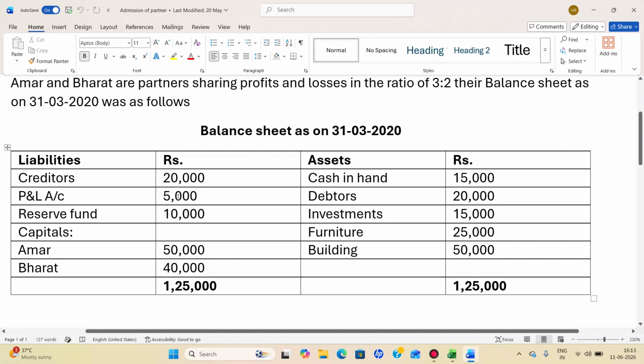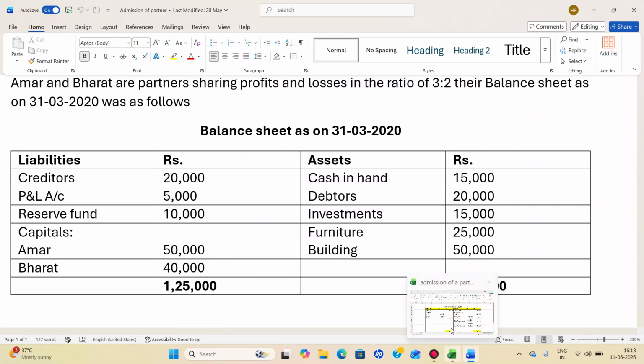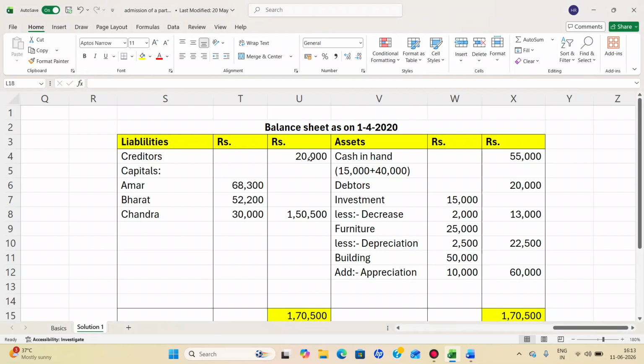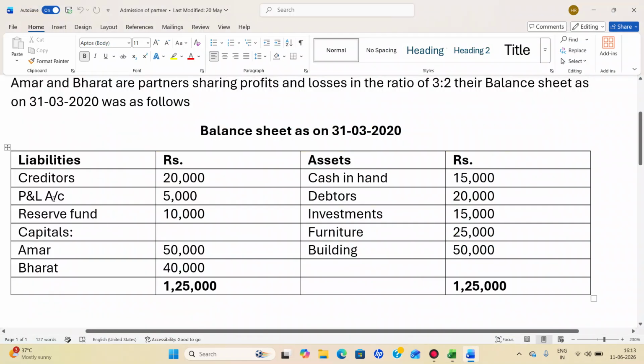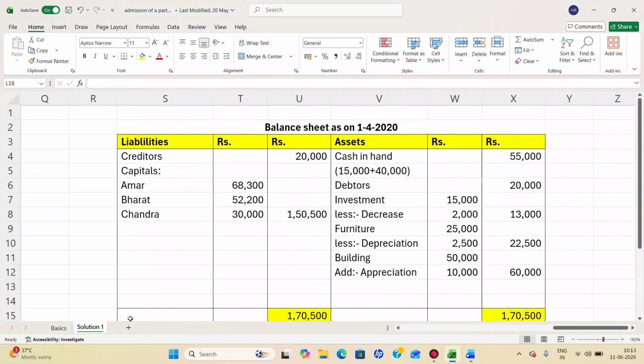First creditor we have to write 20,000. After that capital. Here reserves we have already taken in the partner's capital account, P&L already taken in the partner's capital account. A reserve fund we have already took. Here capitals we have took, but we have to write here as new partner. That is Chandra has entered, right? Here I'll show you.